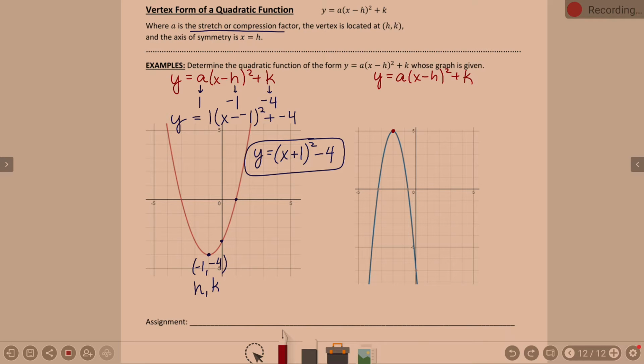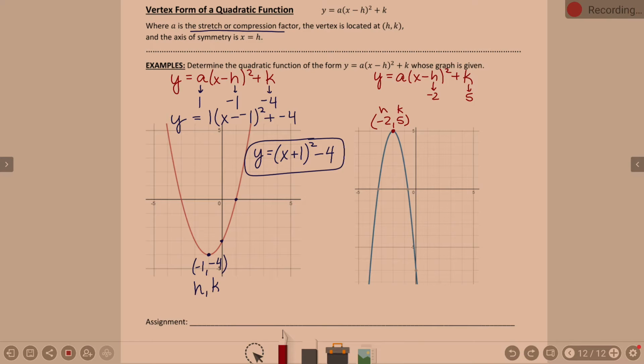Your vertex is negative 2, 5. Okay. Vertex is negative 2, 5, and of course those are my h and k. So can you fill those into your equation? Yeah. Negative 2 for h and 5 for k.